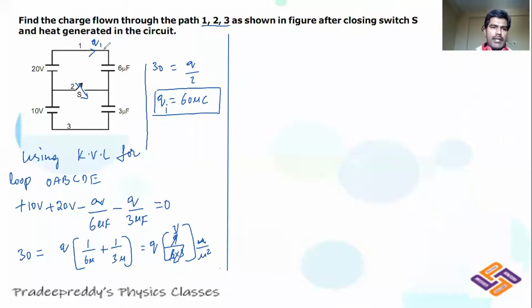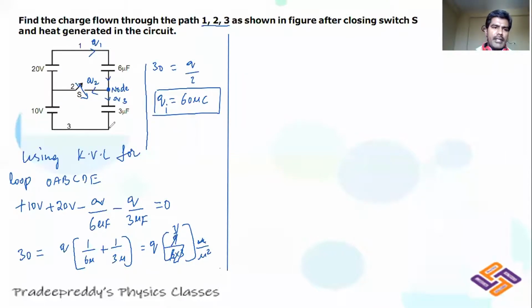Now Q1 comes over here, and after coming to this point, this is one node, right? As it is the node, it gets divided into two parts. Some charge goes into this, some charge goes into this. Let me consider it as Q2 and Q3.